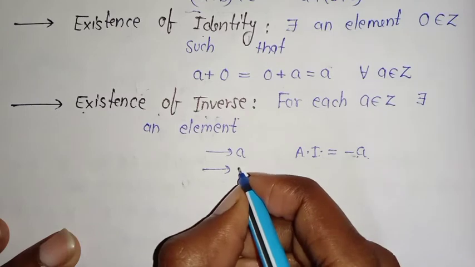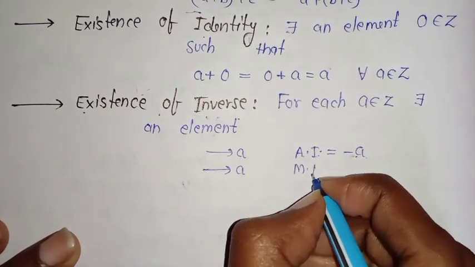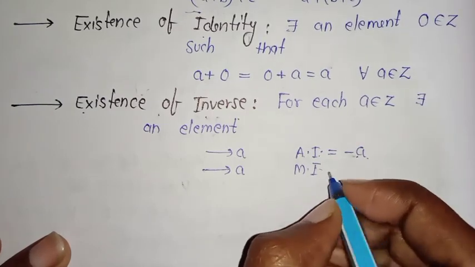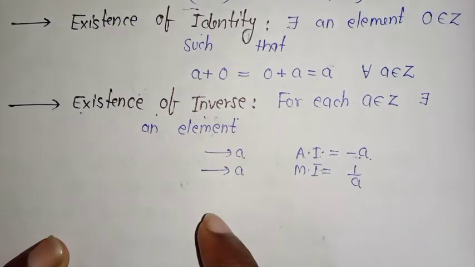And if a is an element and you want to find the multiplicative inverse, then that will be equal to 1 by a. So in this way you can find the inverse of any element.